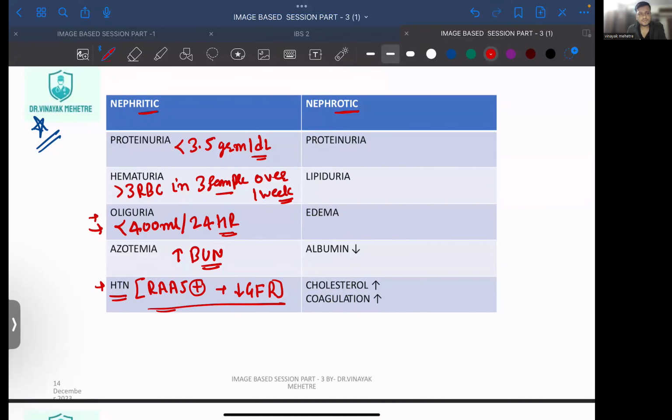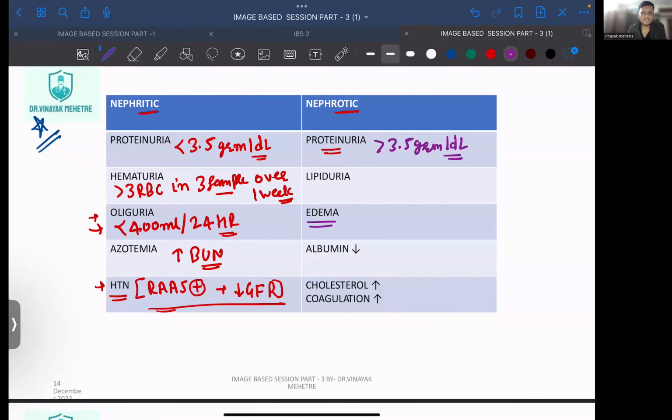Then comes nephrotic syndrome. There is going to be protein leak. Protein leak किस में मिलेगा? In nephrotic syndrome, proteinuria for more than 3.5 gram per deciliter. Lipiduria, lipid will be also lost. Okay, edema, we will get swelling on the body.